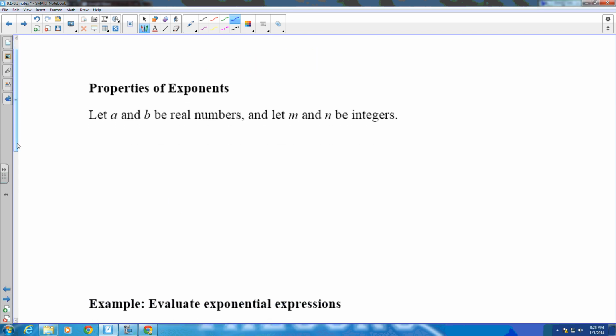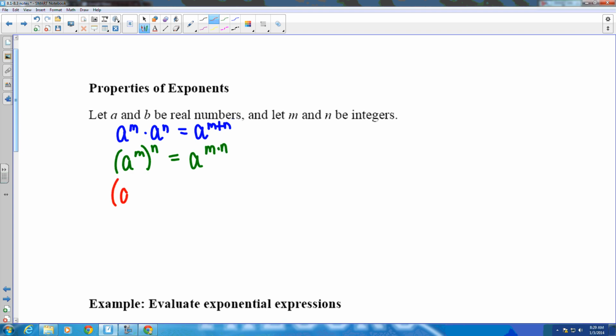Okay, I'm going to recap all of the properties that we've used so far. In section 1, we used this property where if we multiply two numbers with like bases, we add the exponents. Second one, if we have a to the m and we raise the whole thing to the nth power, then we multiply the exponents.